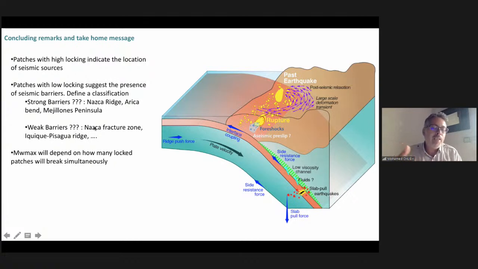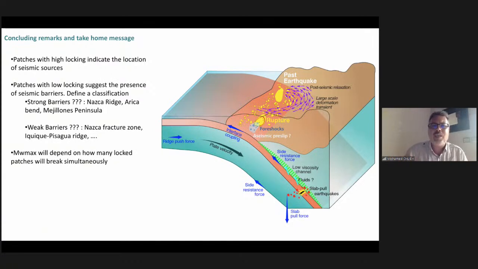Sometimes they have the ability to stop a large earthquake, but sometimes when the maximum magnitude one occurs, they will break. So we are just learning about all these barriers. We don't really know well where they are located.